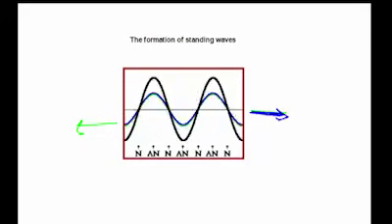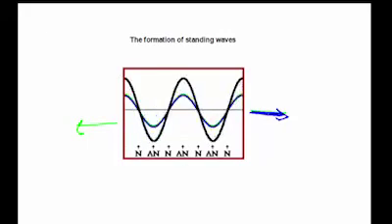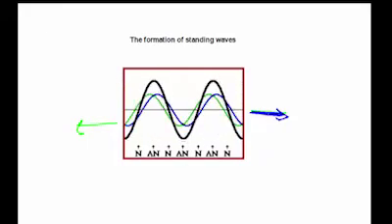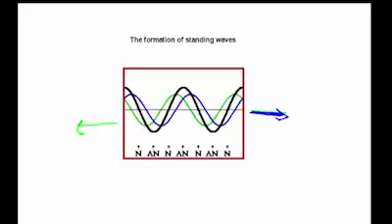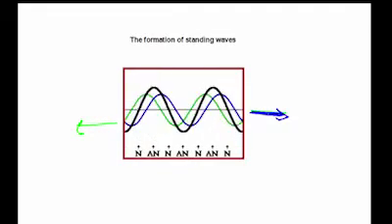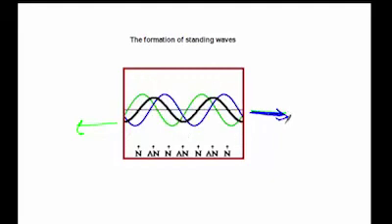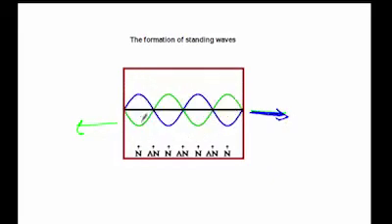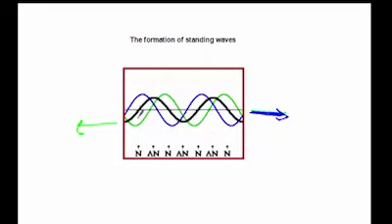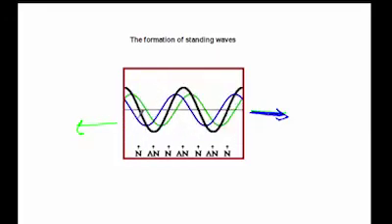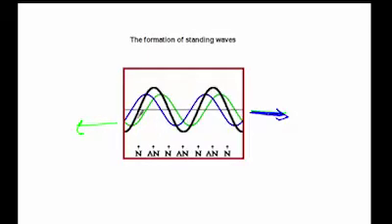So we have two progressive waves moving on the same line in opposite directions, having the same amplitude and frequency.